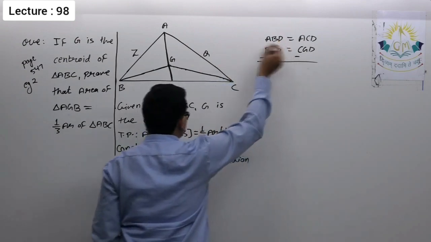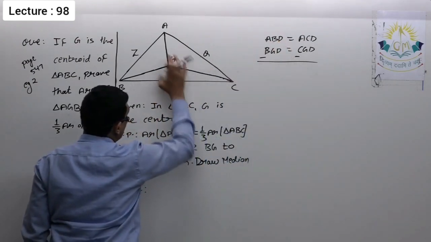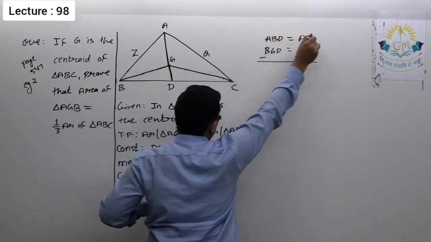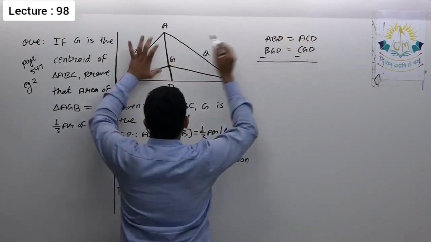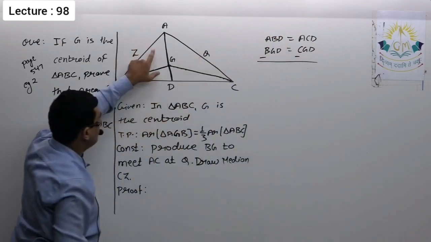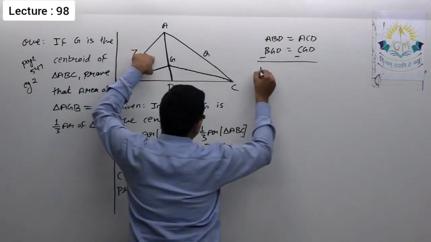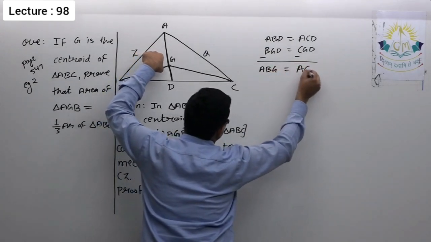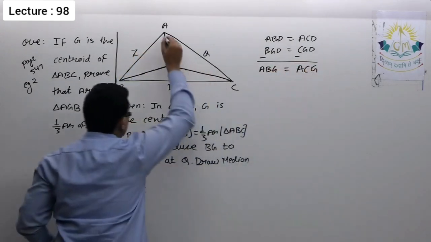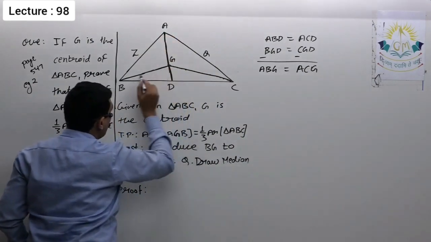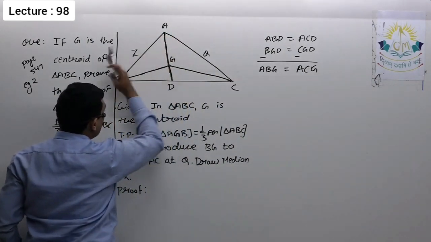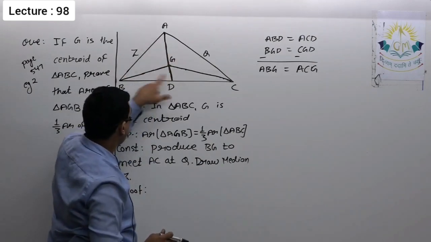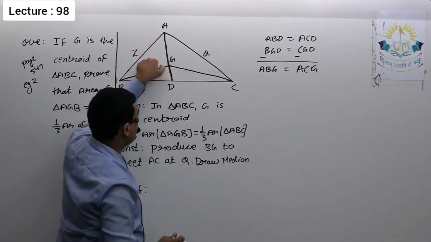Now if I subtract this BGD and CGD from these two, that means if I say equation 1 minus equation 2, so if I subtract BGD from ABD, what I will get? ABG. And over here I will get ACG. It's very simple. I'm subtracting the area of this smaller triangle from area of this triangle which is on the left hand side. So this complete triangle minus this gives you area of BGC.